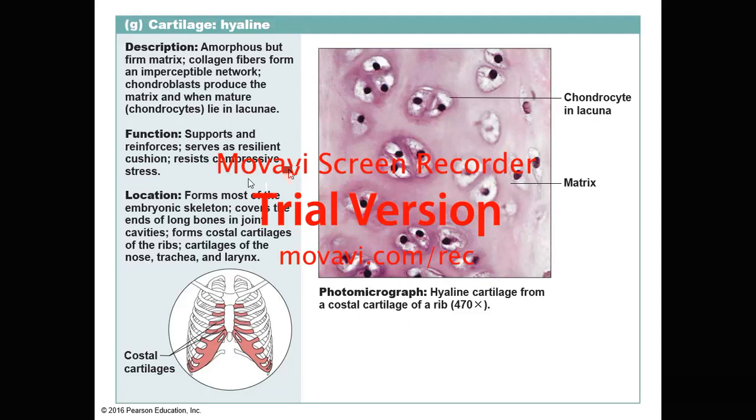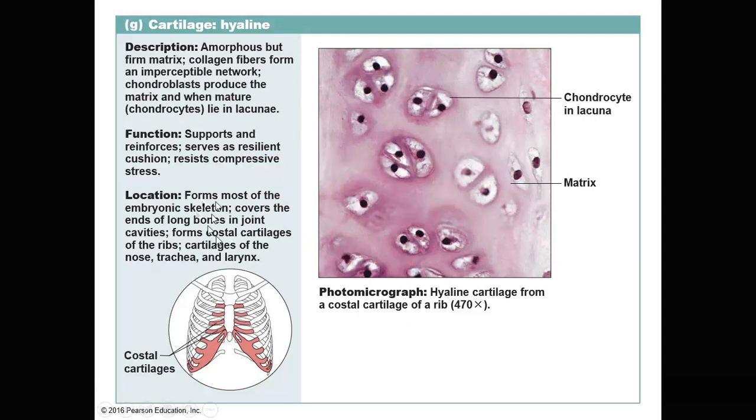Again, you're going to want to know the locations of the different cartilages. This is a picture of elastic cartilage from a human ear. It forms the flexible skeleton of the ear. It's similar to hyaline cartilage, but with more elastic fibers in the matrix. If we go back to the image, the hyaline cartilage is mostly pink. Remember, collagen stains pink, so hyaline cartilage has a lot of collagen.